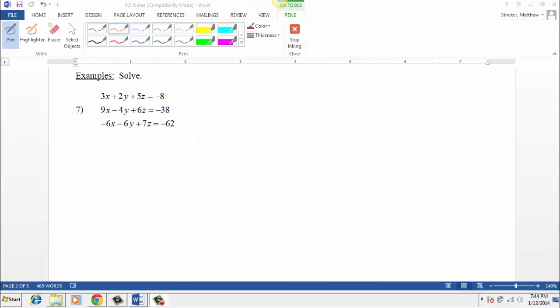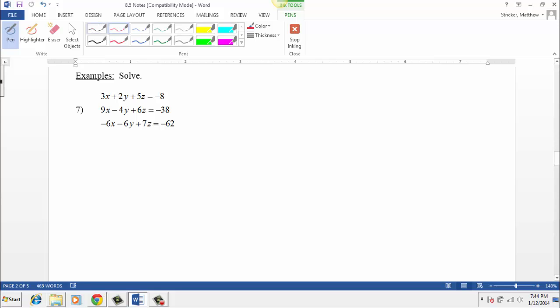Alright, so let's look at a new type of problem here. Here we have a 3 by 3 system. Instead of having the usual that we're used to, 2 equations with 2 unknown variables, we now have 3 equations with 3 unknown variables. And the thing is it's really a lot of the same processes. We just have a preliminary step which makes our problem like the older problems that we already know how to do.